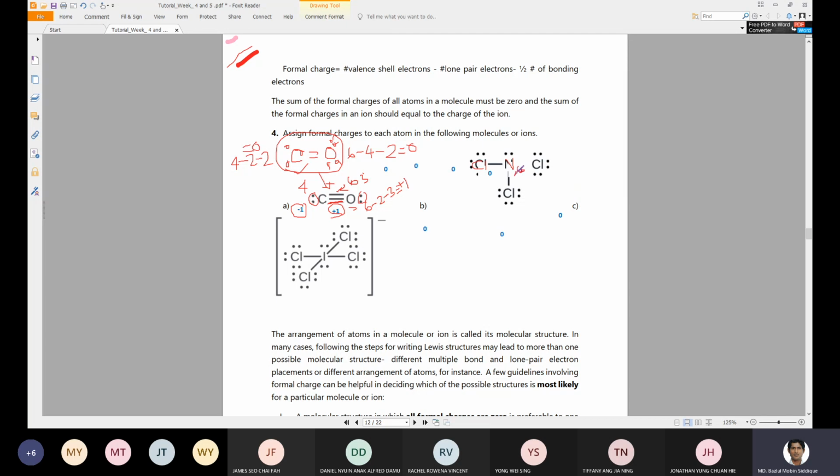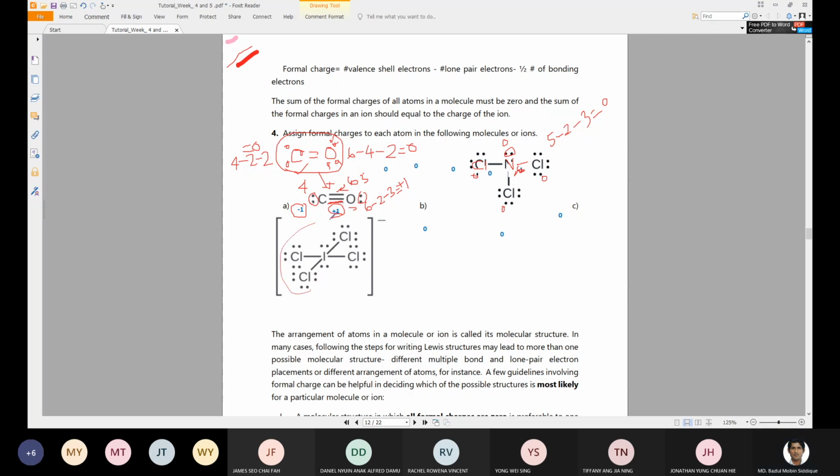Nitrogen has 5 electrons in the outer shell, valence shell, minus 2 unpaired or unused electrons, minus 3 bonds, each of them with chlorine, and so 5 minus 2 minus 3 is 0. So nitrogen is 0, and all chlorine will be 0 as well. So in this way, the formal charge is 0.